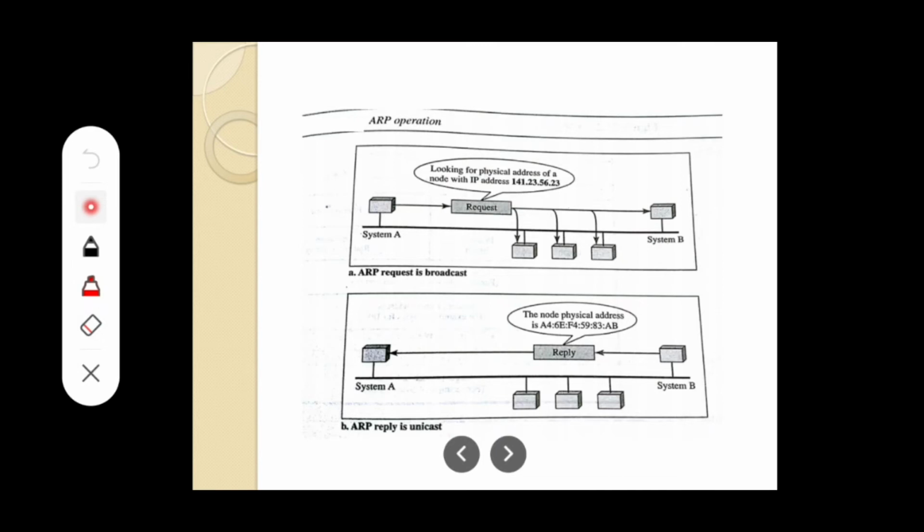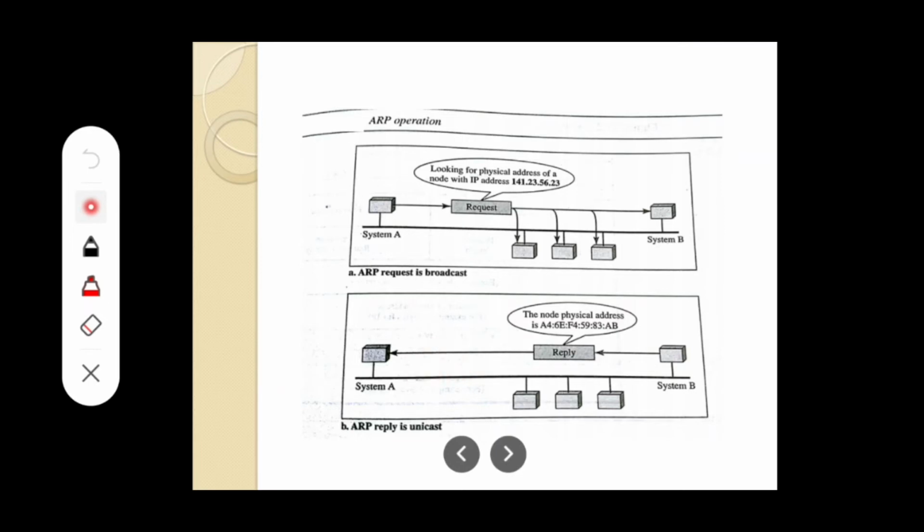He will send the ARP request as a broadcast message, and everyone will be getting this broadcast message. Only the actual recipient will take that broadcast message and give the reply. Only station B, system B, will give the reply, because system B is the intended recipient.